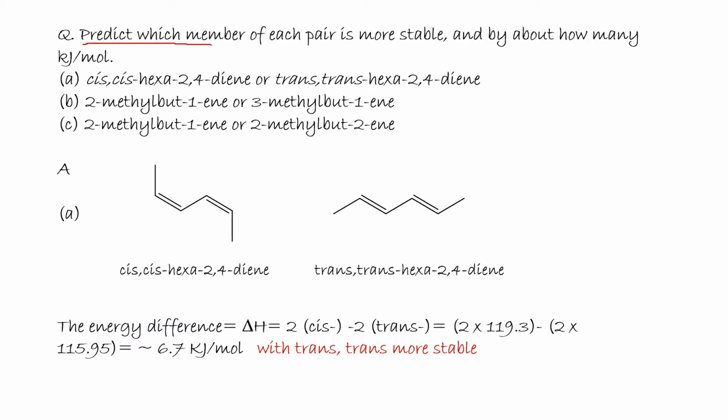Predict which member of each pair is more stable and by about how many kilojoule per mole. Cis hexa-2,4-diene or trans hexa-2,4-diene. Here we have cis, and for this double bond we have again cis. So we have two cis.